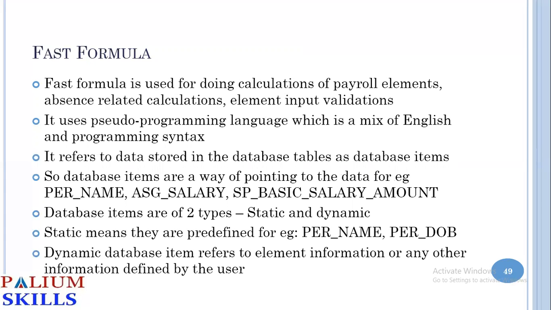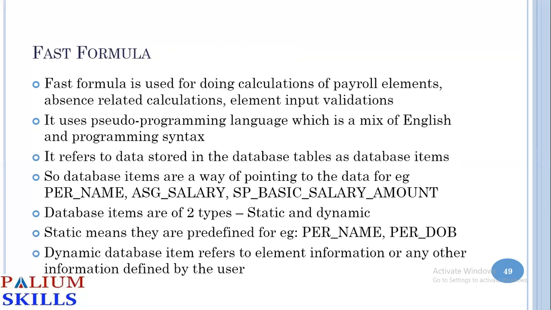Formula is nothing but a high level pseudo language, you can say, which is a mix of English and the programming syntax. So it is used to refer to data in the database tables which are stored as database items.